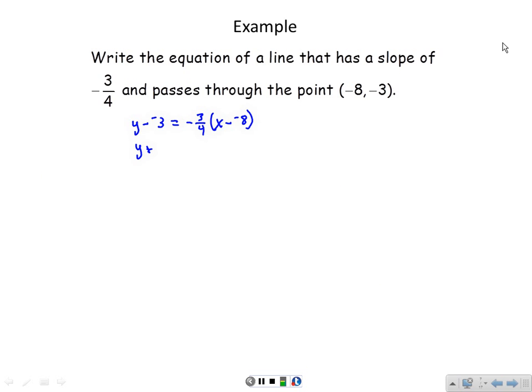So we have y plus 3 is equal to negative 3/4 x plus, I think that's going to be just a 6. And then if I subtract 3 from both sides, just to get slope-intercept form, I'm going to have y is equal to negative 3/4 x plus 3. And there's your slope-intercept form.